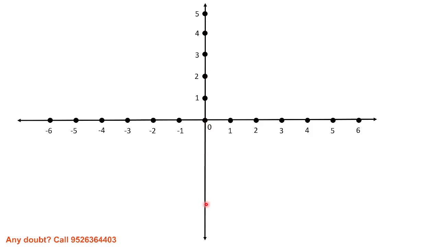And downward we mark the negative numbers like -1, -2, -3, etc. So once we have drawn two number lines like this, we can clearly say the position of the person if he is traveling in this plane.